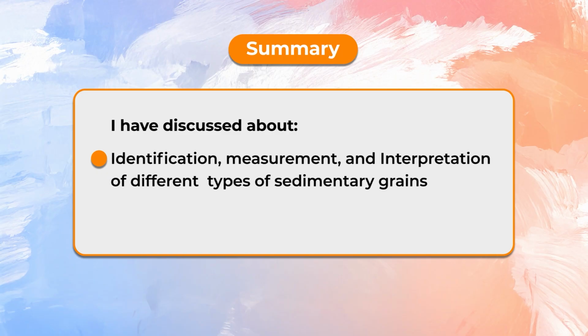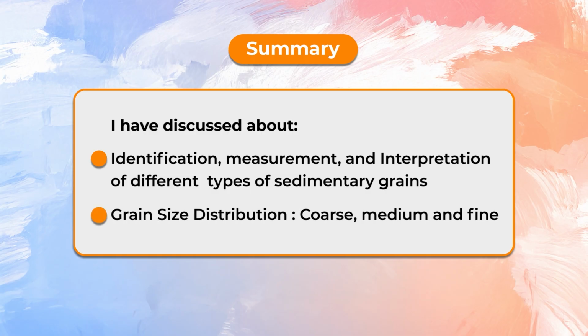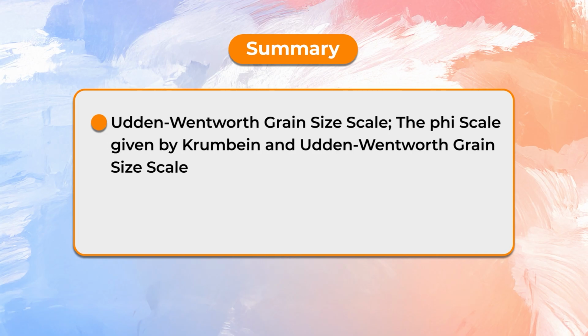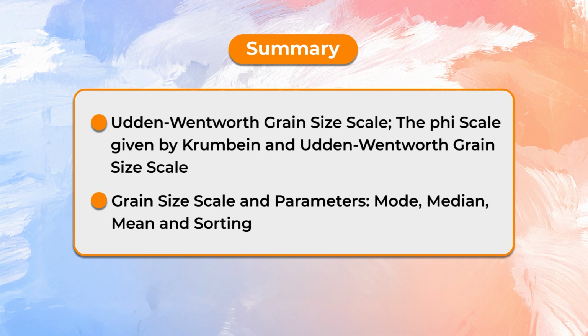To summarize what we discussed today, we have identified, measured, and interpreted the different types of sedimentary grains. We discussed grain size distribution, which can be coarse, medium, and fine. We discussed the Udden-Wentworth grain size scale, the phi scale given by Krumbein, and other parameters like mode, median, mean, and sorting.